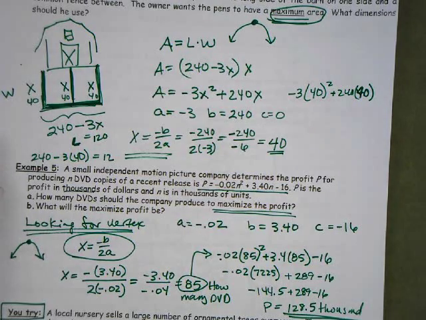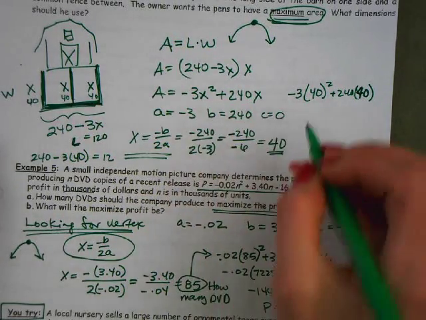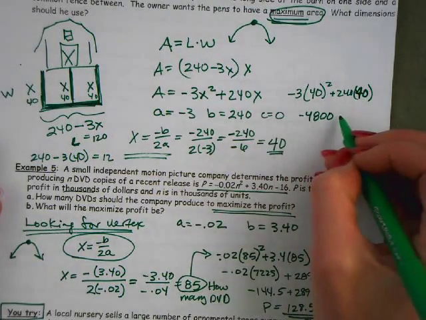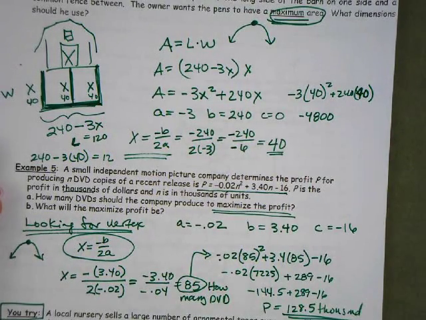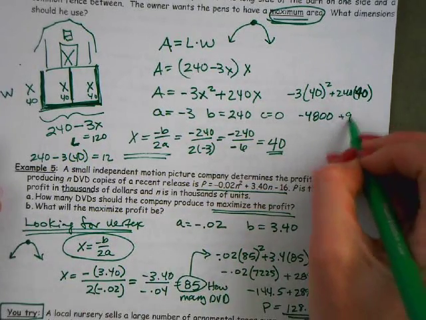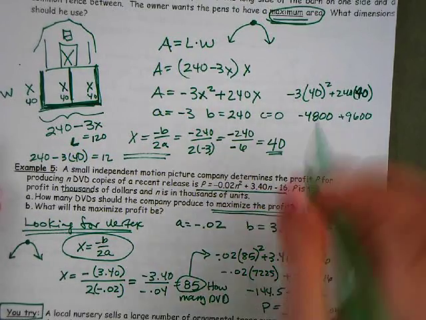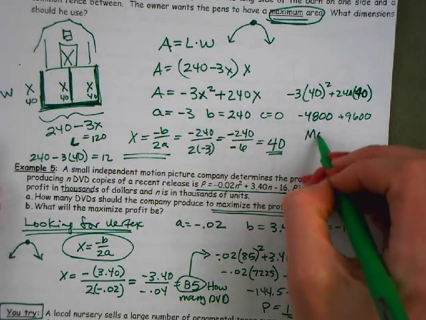This becomes negative 4,800, and this is plus 9,600. And my maximum area then equals 4,800.